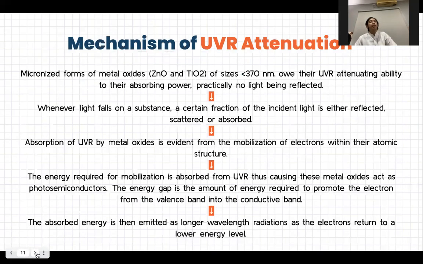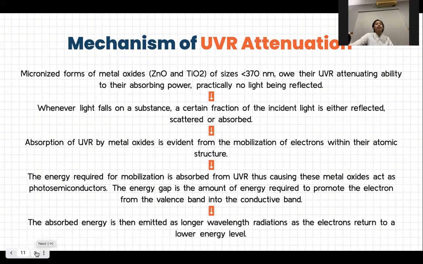Next, the mechanism of UVR attenuation. It was believed that, in contrast to a chemical sunscreen, the physical metal oxides act only as scatterers and reflectors of UVR. However, micronized forms of metal oxides of size below 370 nanometers owe their UVR attenuating ability to their absorbing power.